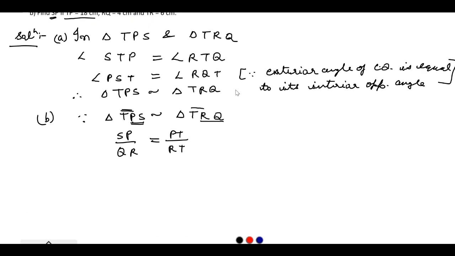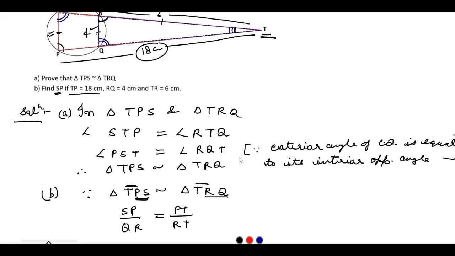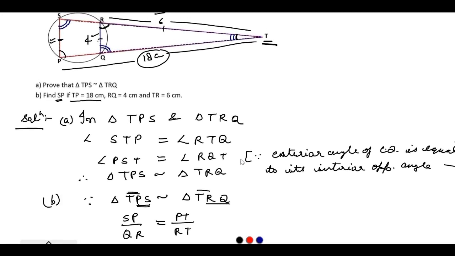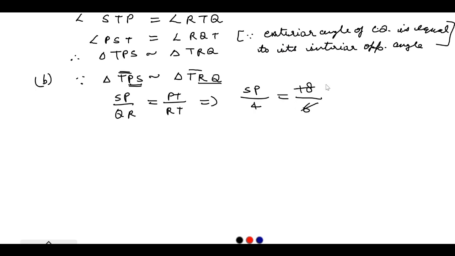Now put the given values. SP, we want to know QR, that is 4, PT 18 and RT is 6. SP is equal to 12 centimeter.